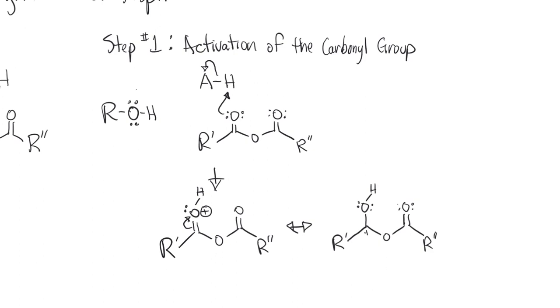And now the positive charge is on the carbon. The carbon only has 3 bonds in this scenario. And so this is called activation of the carbonyl group. What this results in is this carbon becoming positively charged, which is going to attract a nucleophile. Now in this scenario, the alcohol, the ROH, is going to act as that nucleophile.